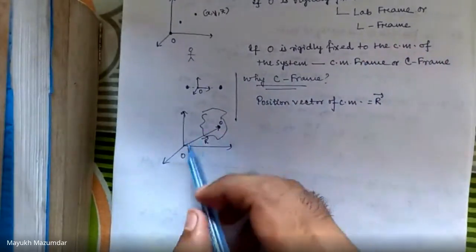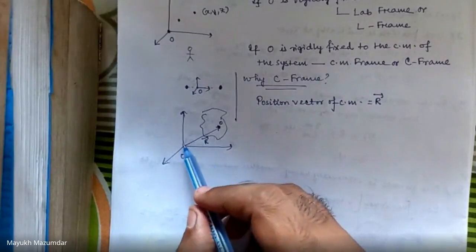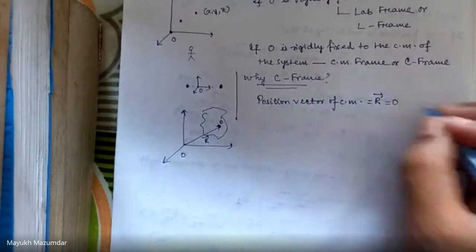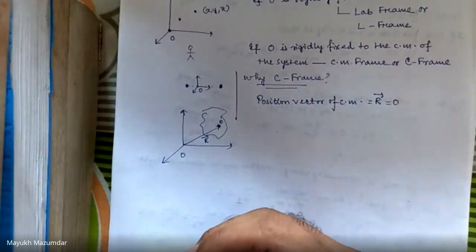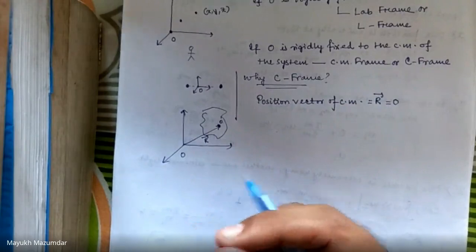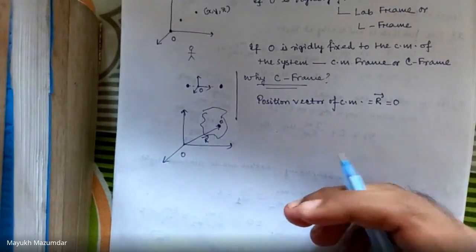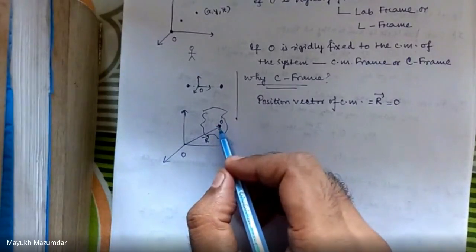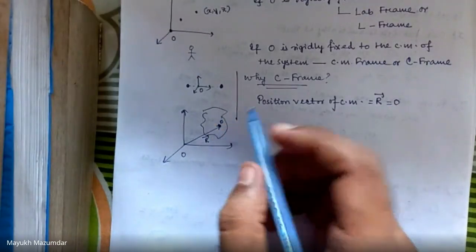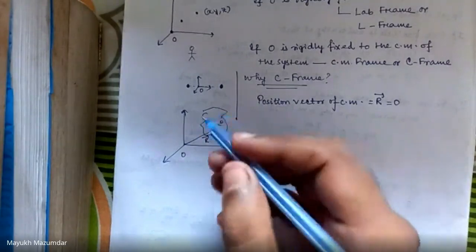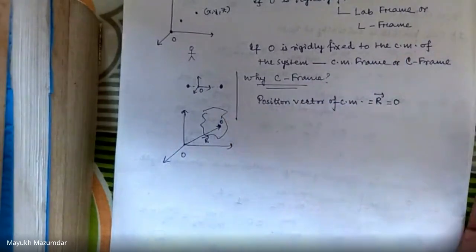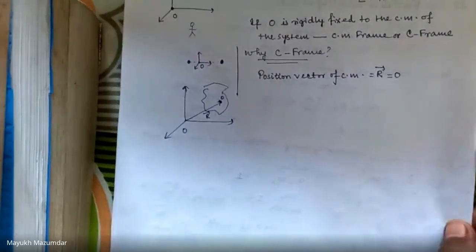So if I am taking my origin at the center of mass only, then R would be 0, isn't it? Origin is that point from where we measure how far a point is, whether it is towards my left or right, up or down, or at what angle it is. Now if I fix my frame at the center of mass, and I try to look at the center of mass with respect to that, it would be 0, isn't it?